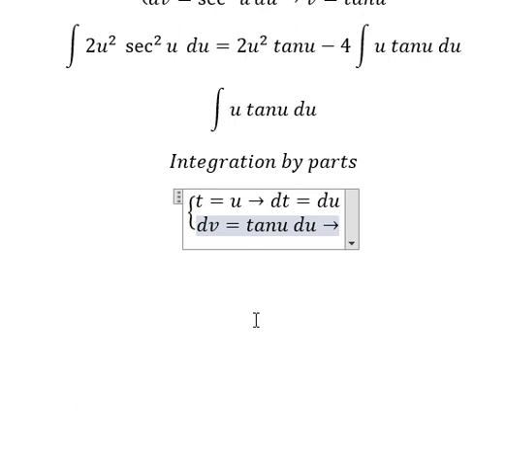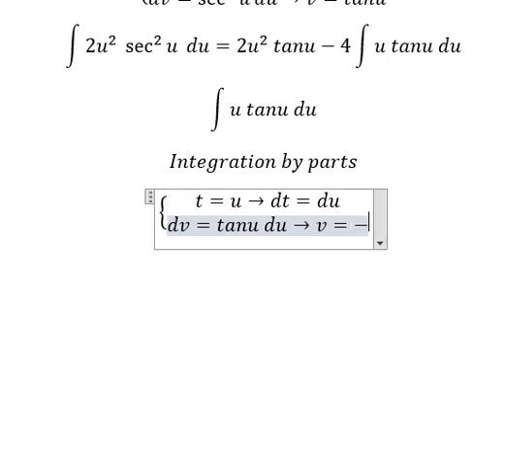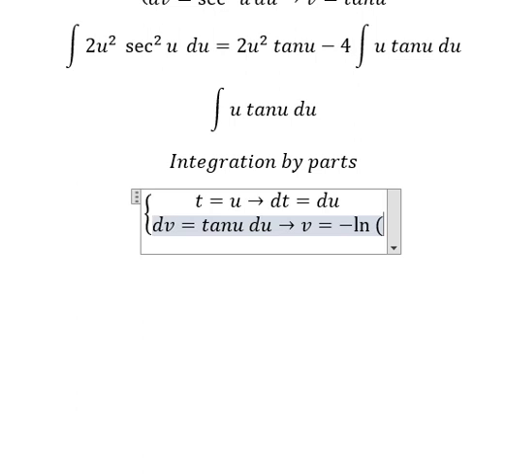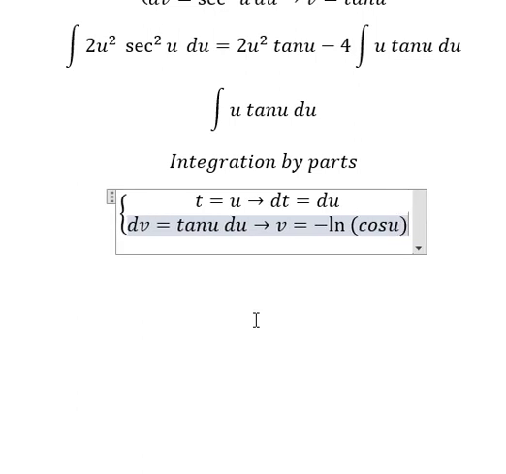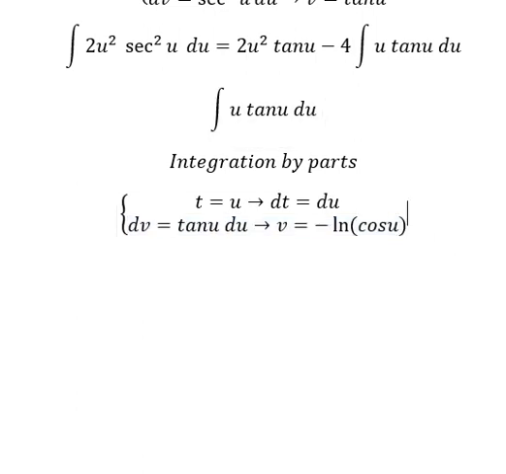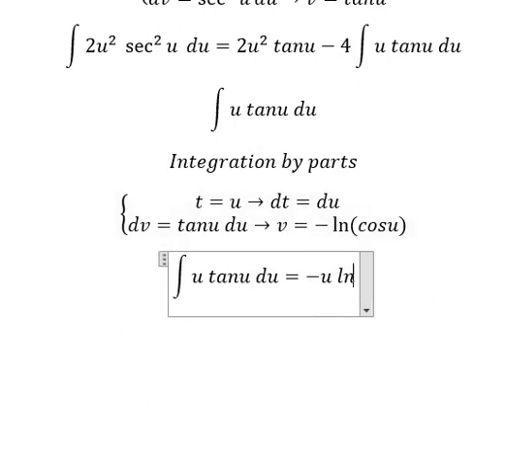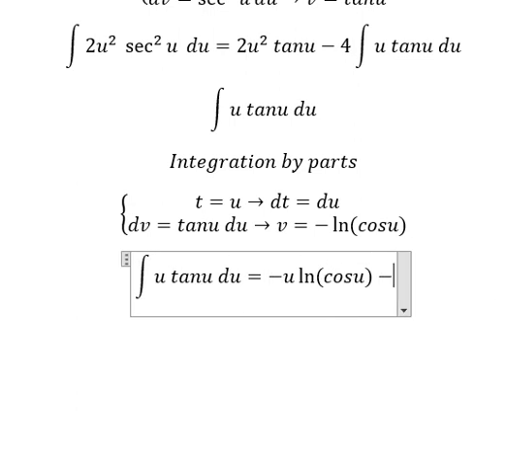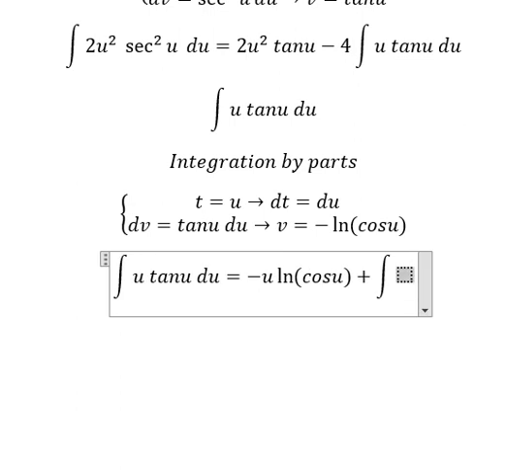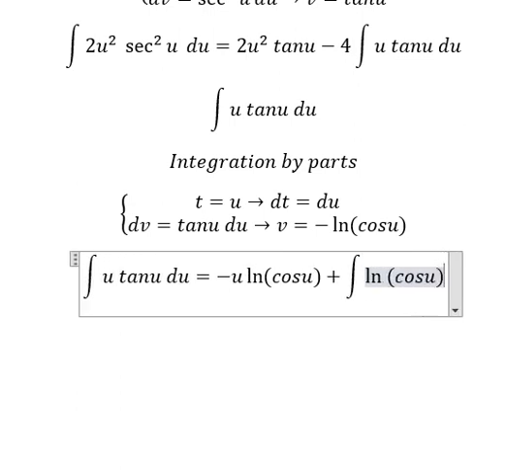The integration of this one, we have negative ln of cosine u. So we have t multiplied by v minus dt multiplied by v. So negative and negative, we have positive. And now we have the integration of ln of cosine u du.